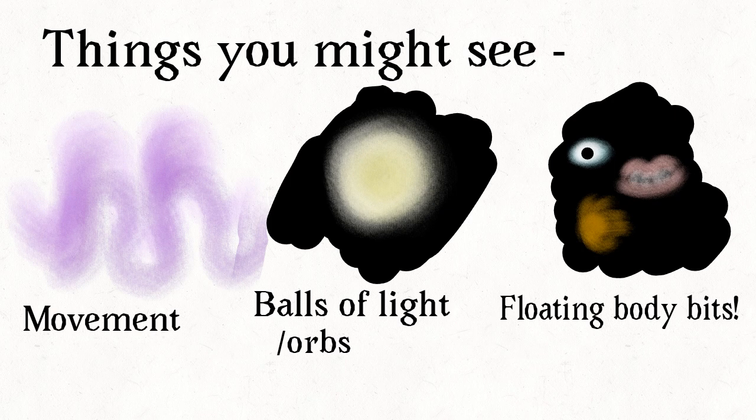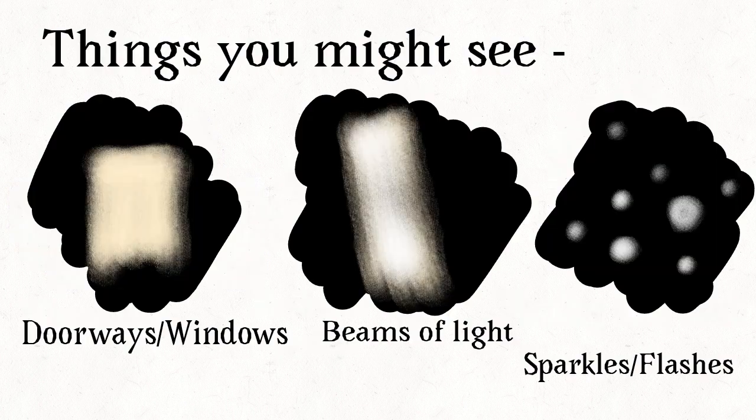You might see movement, you might see balls of light or orbs, you may even see disembodied body parts. You may see doorways or windows, beams of light, or even sparkles.